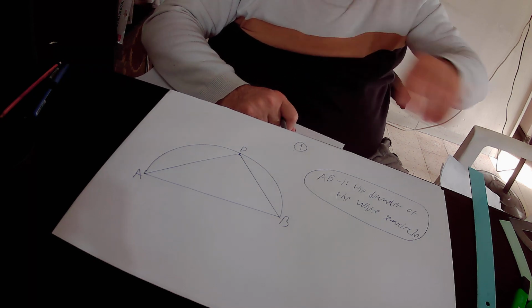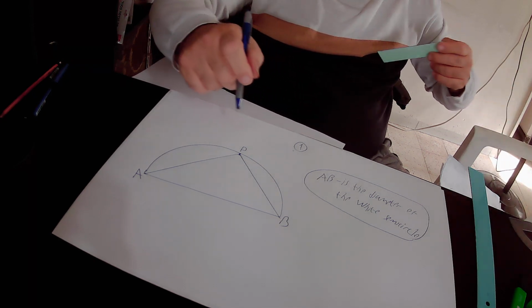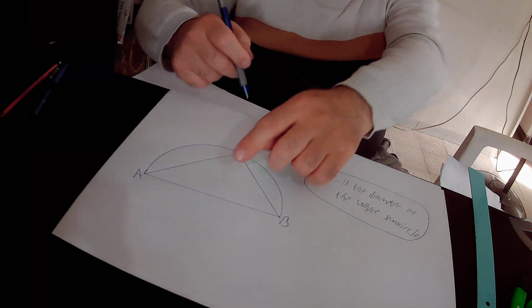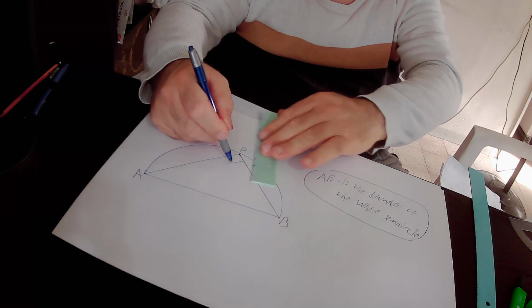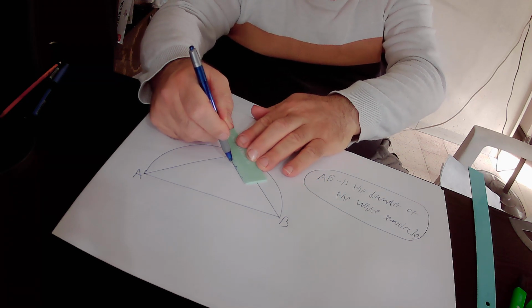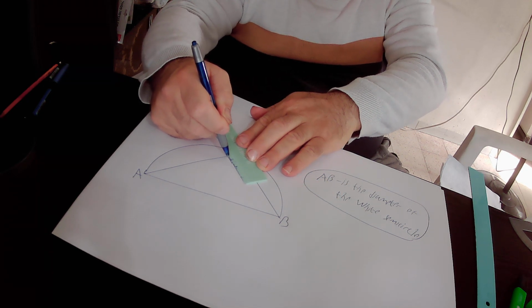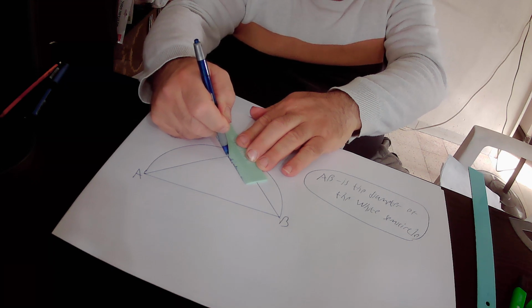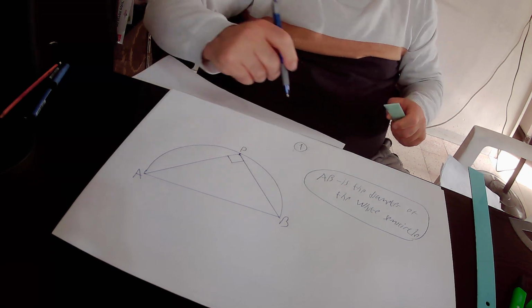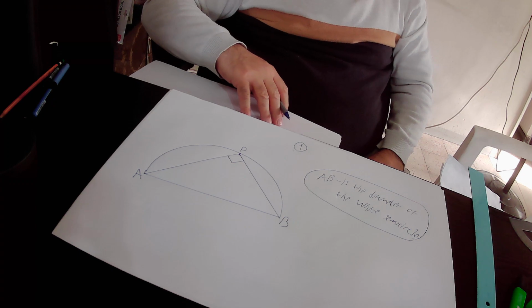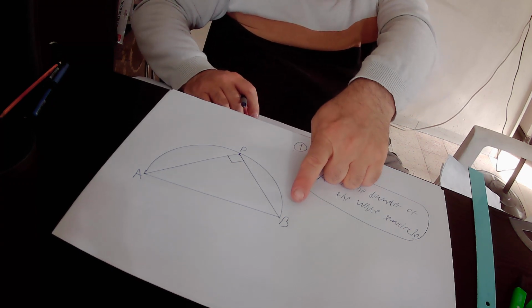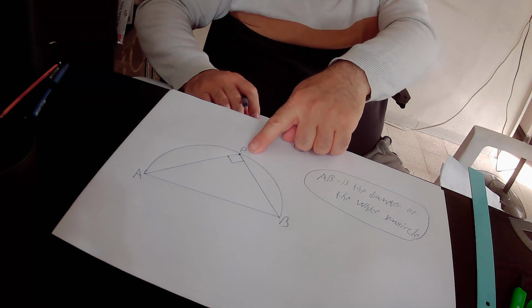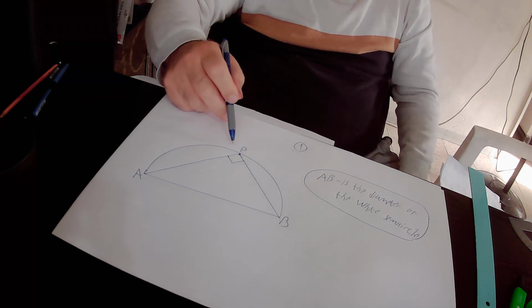That is a right angle, according to rule 7. That is to say, line BP is perpendicular to line PA.